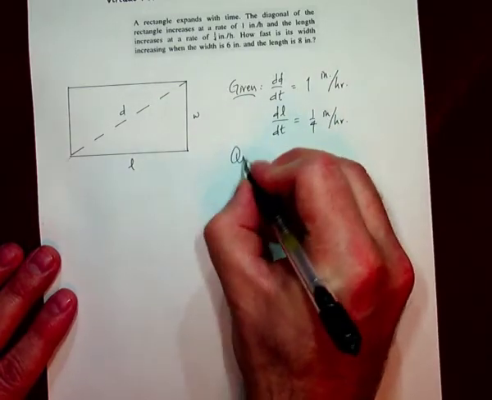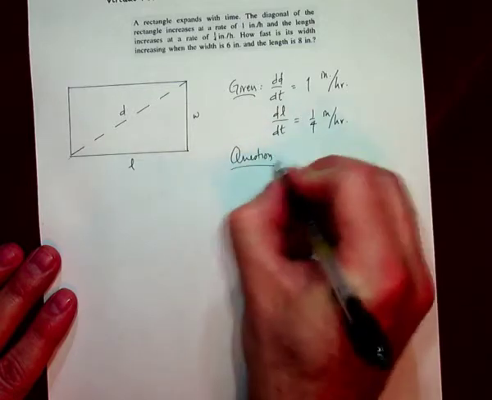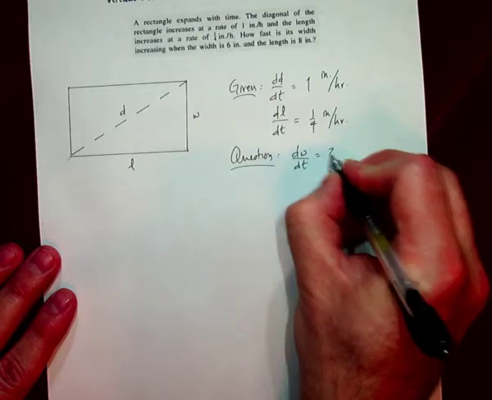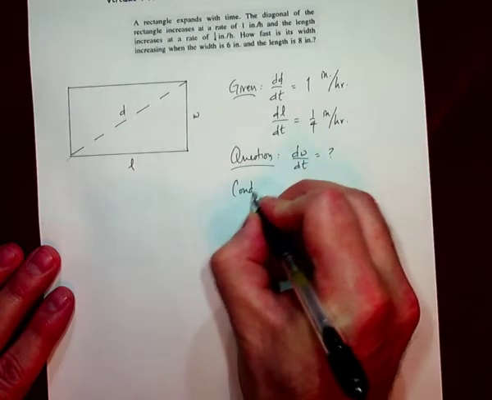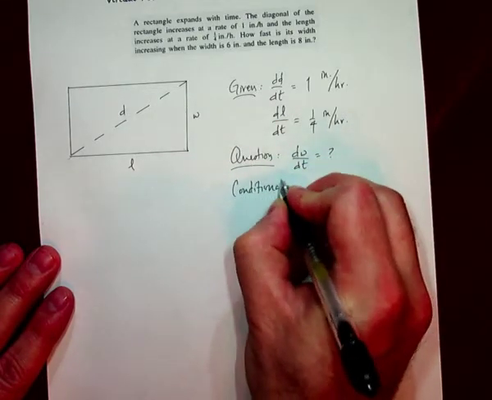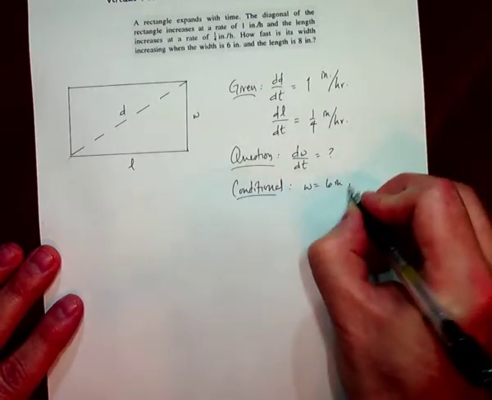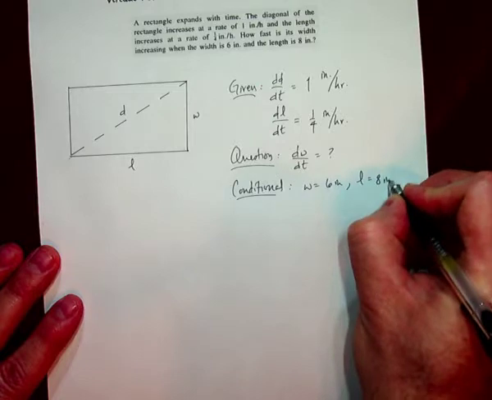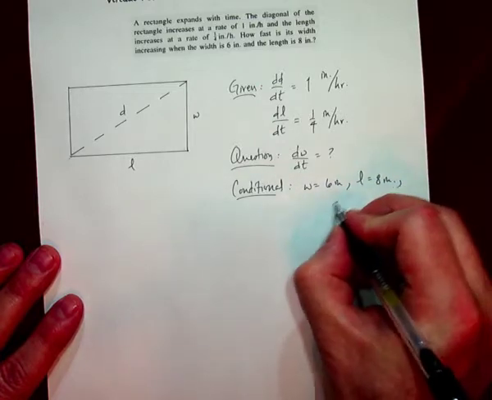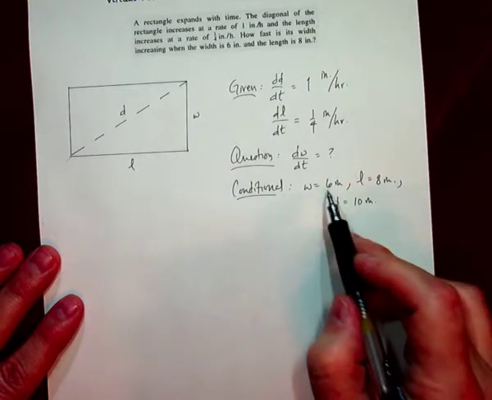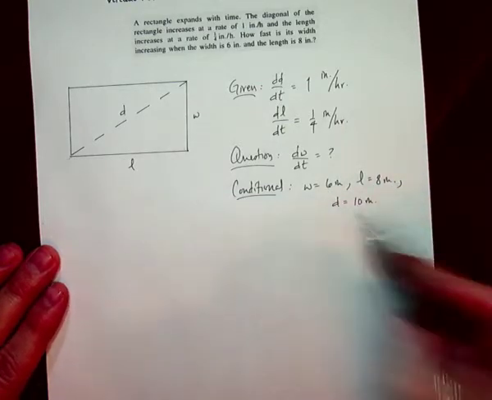The question that I'm being asked is, what is dW/dt? And I'm being asked for that piece of information when W is equal to 6 inches and L is equal to 8 inches. By the way, that implies that D is equal to 10 inches because it's a 3, 4, 5 right triangle at that moment, okay?